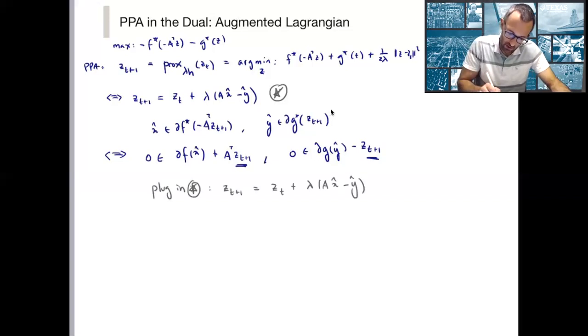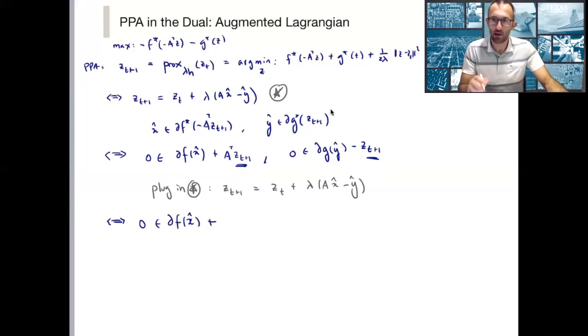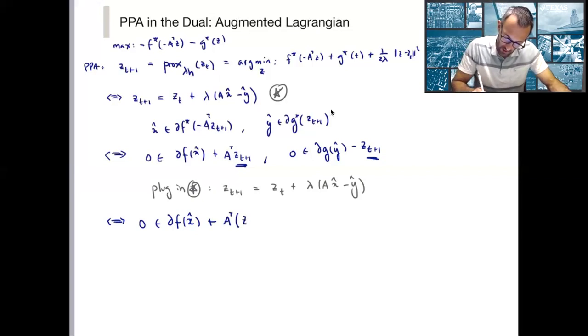Now, plugging this in, our expressions become: 0 is an element of the subdifferential of f at x hat plus A transpose z_{t+1}, which is z_t plus lambda (A x hat minus y hat).